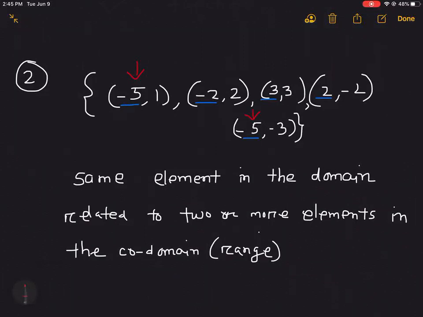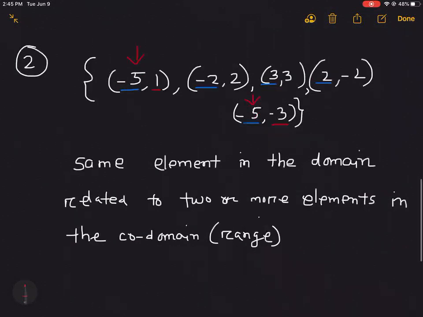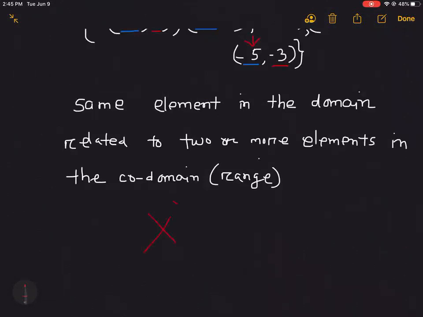And that guy is, first of all, related to 1, and then it's related to -3. That means one element in the domain is related to more than one element in the codomain or range. So we'll say, nope, this is not a function. Okay, that's the best way. You can eyeball it and check what happens, right?